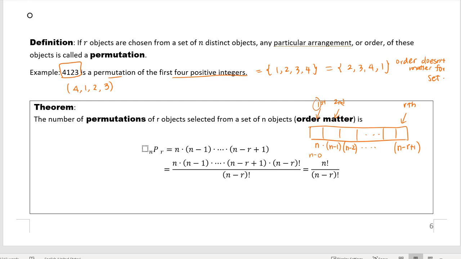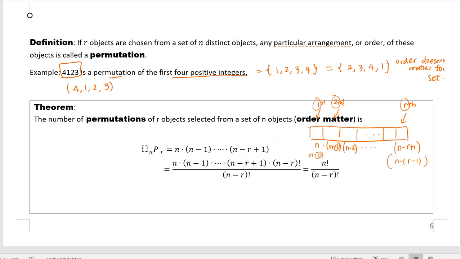Now look at this: 1 corresponds to 0, 2 corresponds to 1, then R corresponds to R minus 1. But there is a parenthesis. When you distribute the parentheses, you get n minus r plus 1. So that's why you get this formula.